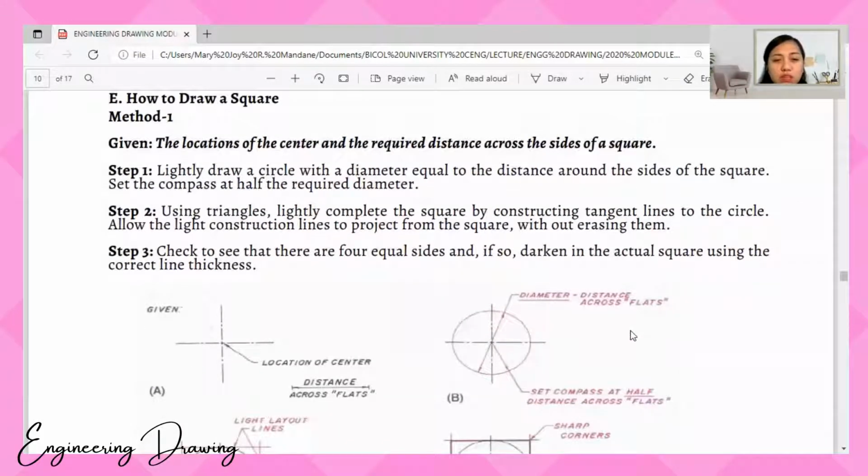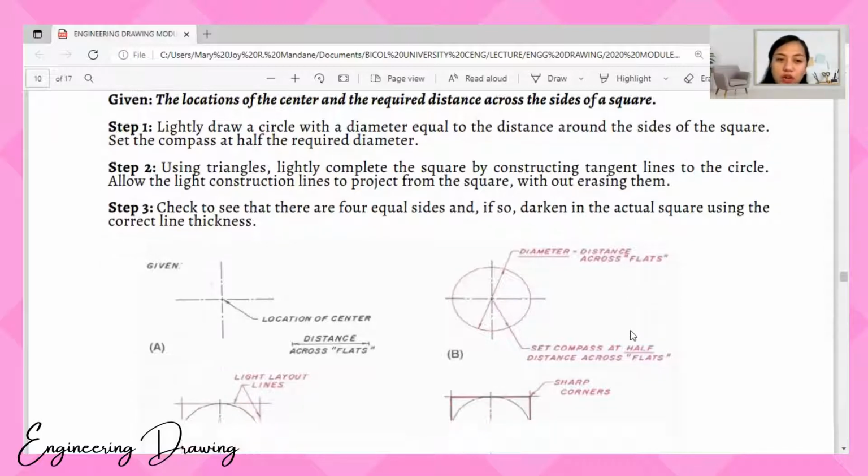And step 2, using triangles, slightly complete the square by constructing tangent lines to this circle and allow the light construction lines to project from the square without erasing them. And step 3, check to see that there are 4 equal sides, and if so, darken in the actual square using the correct line thickness.